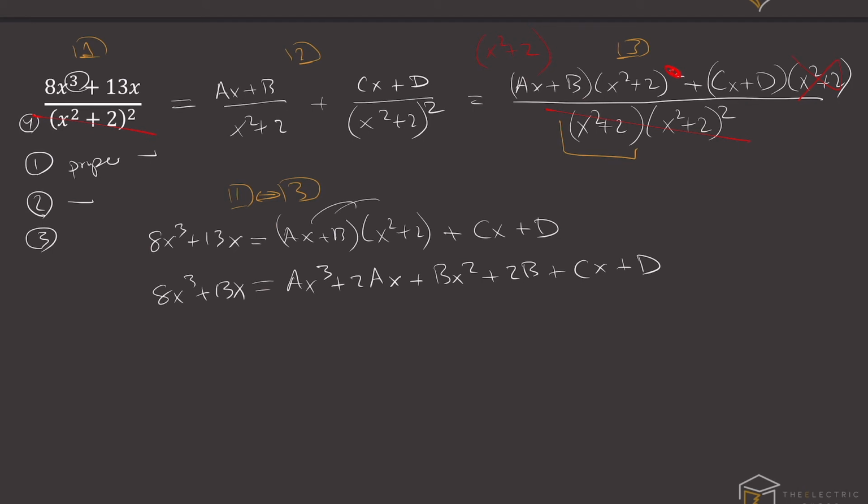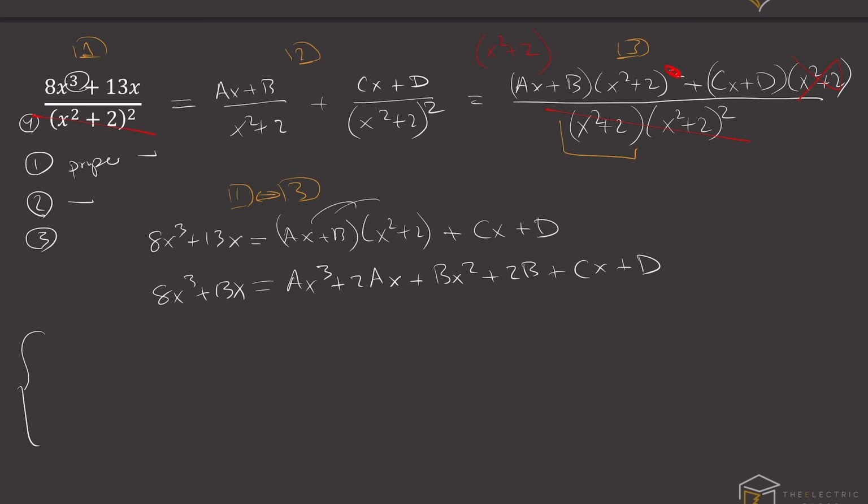Now I could try grouping the a's and the b's to see if we can solve this, but in a case like this where it's a little bit more complicated, I'm going to consider this as a system of equations. There are 4 variables, a, b, c, d, so I'm going to create a system of 4 equations, and this is how I'm going to do it.